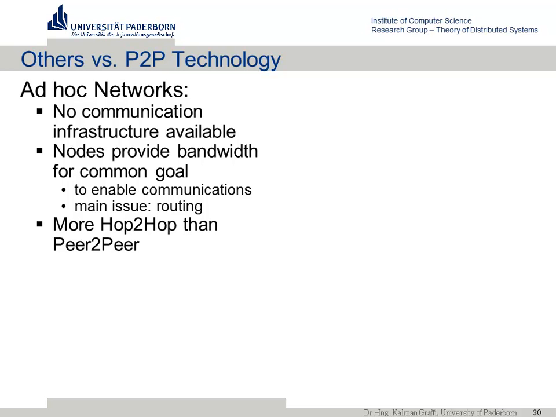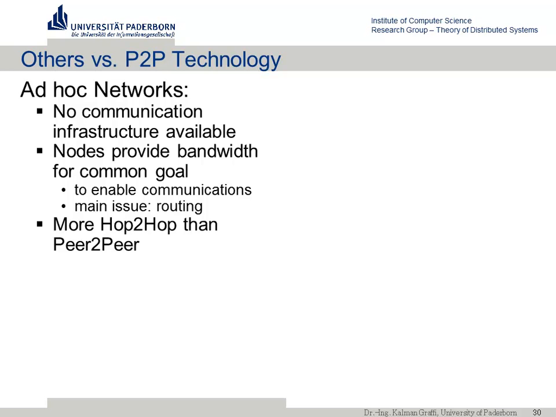So let's assume we have, distributed in Paderborn, some specific clever mobile phones that support ad hoc networks, and there are only very limited infrastructure points where we can access the internet. Then we could think of multi-hop communication to those infrastructure nodes, or between each other, to still have some communication. That's also something nice, but it's more hop-to-hop than peer-to-peer.